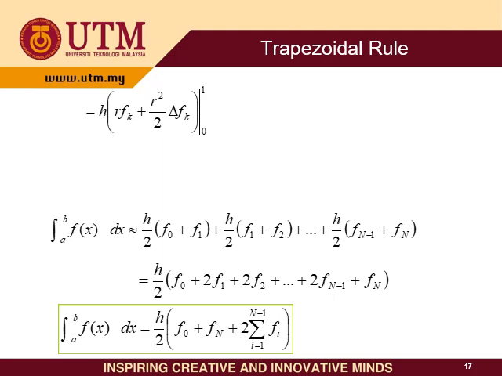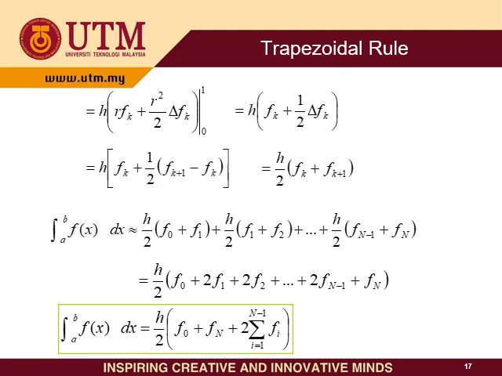This is the continuation of the derivation process from the previous slide. As you can see at the end, this is the formula for trapezoid. So if we illustrate, let's say this is your trapezoid, this is your edge. Look into the formula.